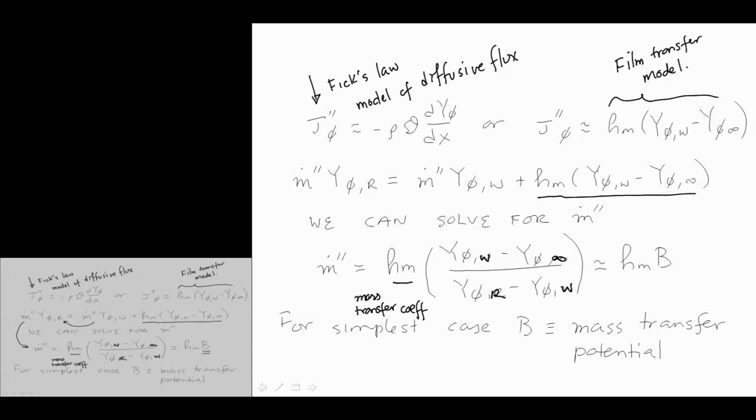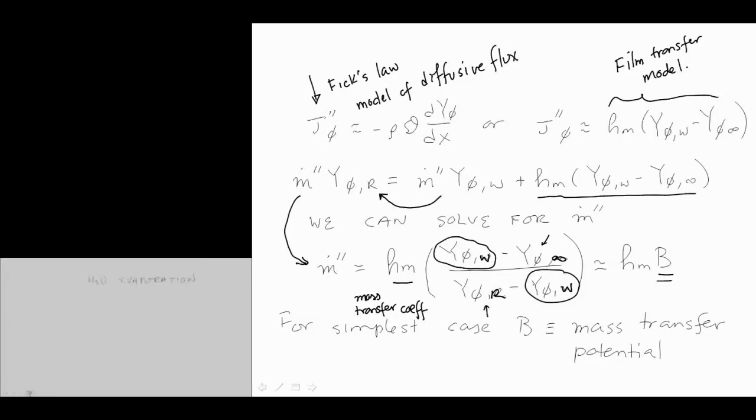This is our mass transfer potential, and this is the quantity that dictates the rate at which the surface recedes. And you ask yourself, well, that doesn't seem particularly hard. It's not, in some sense. Typically we know y phi infinity, we know the reservoir value, but we don't know these wall values, okay?